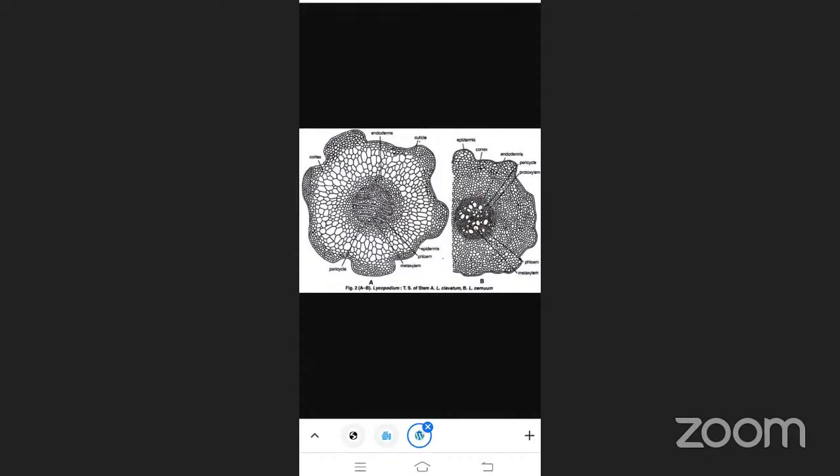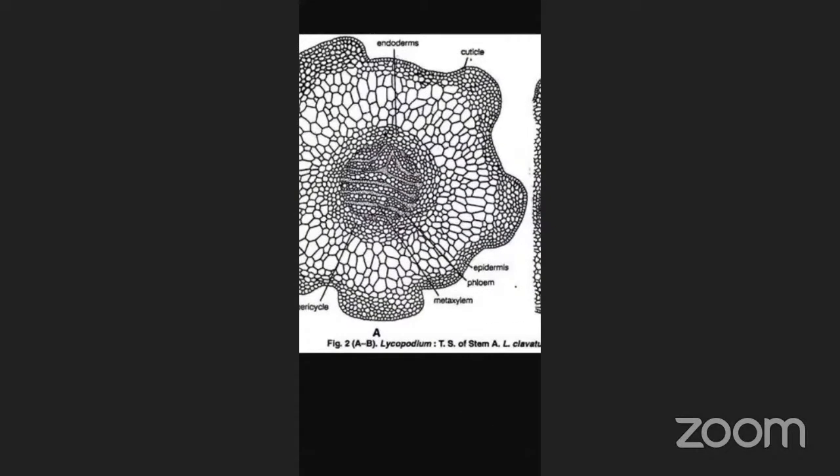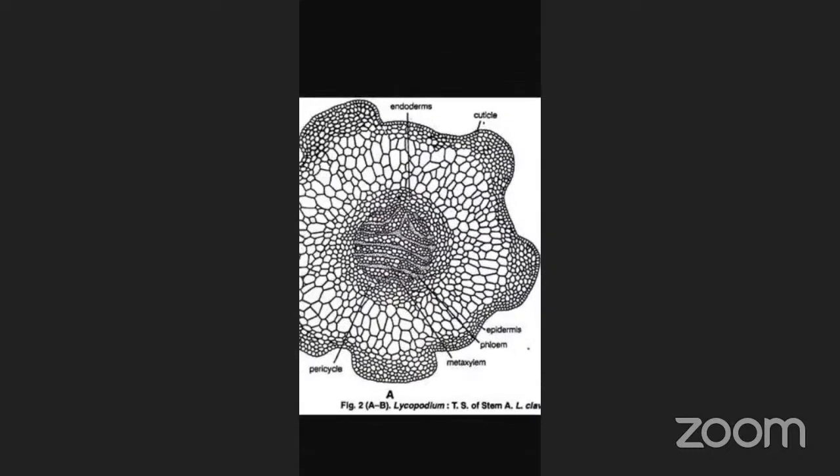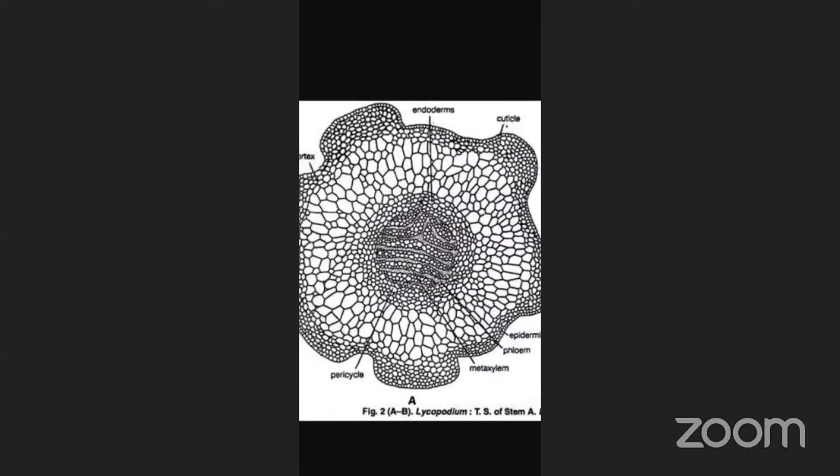The innermost layer is the endodermis. We can see it clearly: epidermis, cortex, and the inner one is the endodermis. Very thin layers are present. Casparian strips are also present.